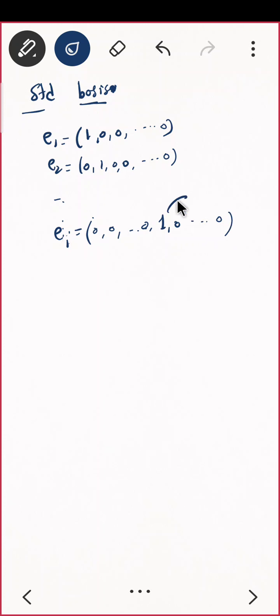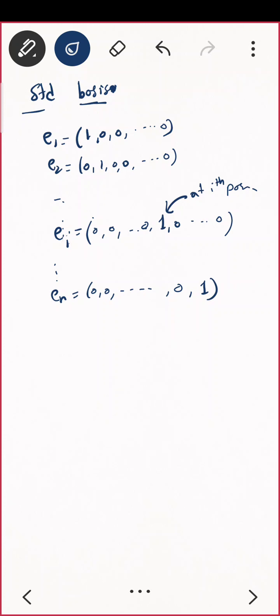This one is at ith position. Okay, so what will en be? En will be 0 0, everybody will be 0, and the last one will be 1. Correct. This is your standard basis. Now why I'm saying that, this is also a vector for me, correct?